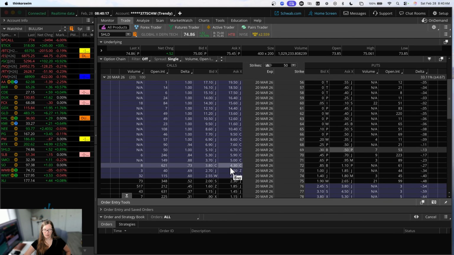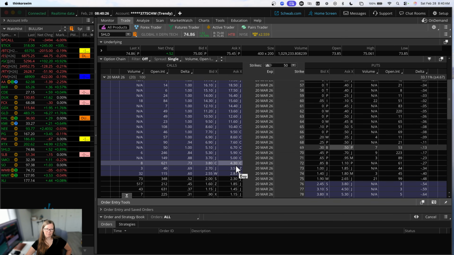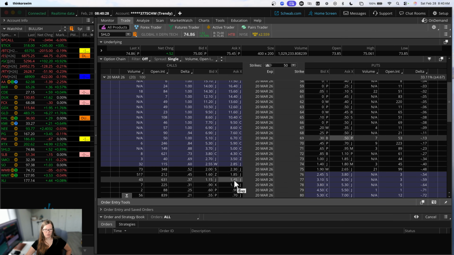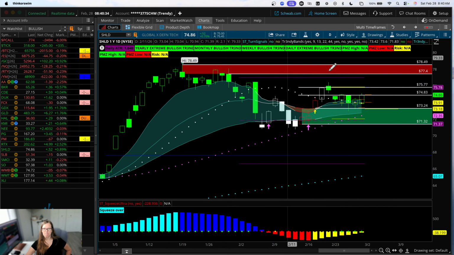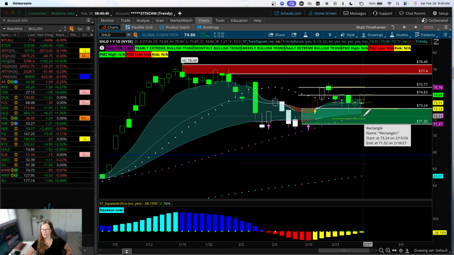So my preference is to go in the money. And that would be here around the 72 mark, right? Or if you like to trade out of the money, I would go 77 or 80. All right? And that's what I'm seeing there. And that makes sense to me because 72 is going to bring us to the demand zone.